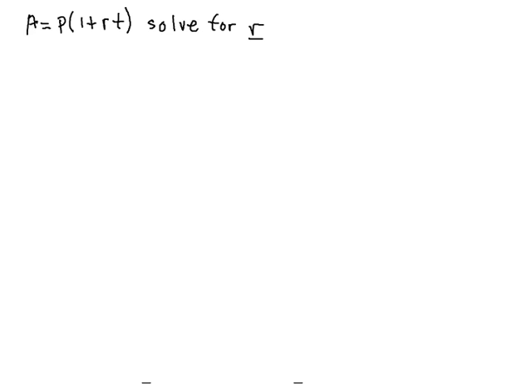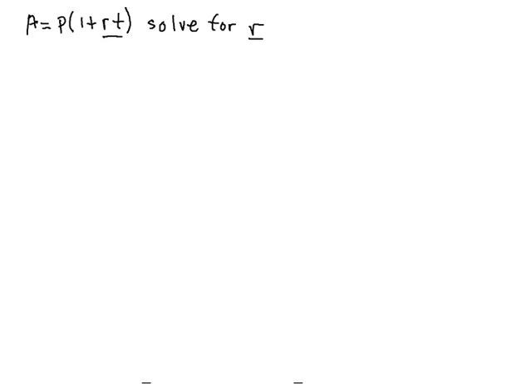Now, a lot of times if these were numbers, we might think, hey, I will multiply the P through, in other words, distribute P on the right side. I could do that. It actually makes this a little harder, though. Could we think of another way that we could get rid of the P?